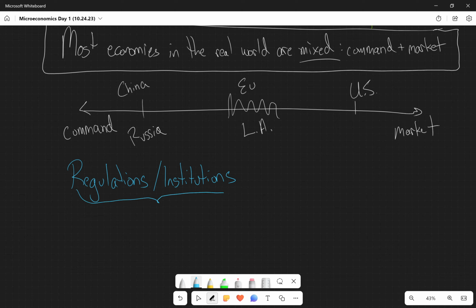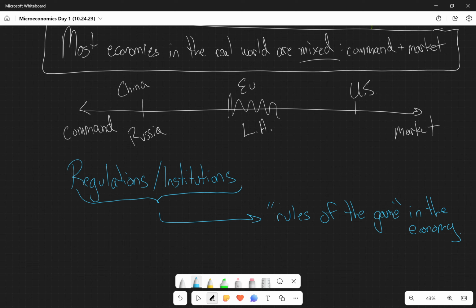Regulations and institutions collectively make up the rules of the game in an economy. Ones that are primarily market-oriented have fewer regulations. Ideally, they have just enough regulations to maintain an even playing field for all the participants.